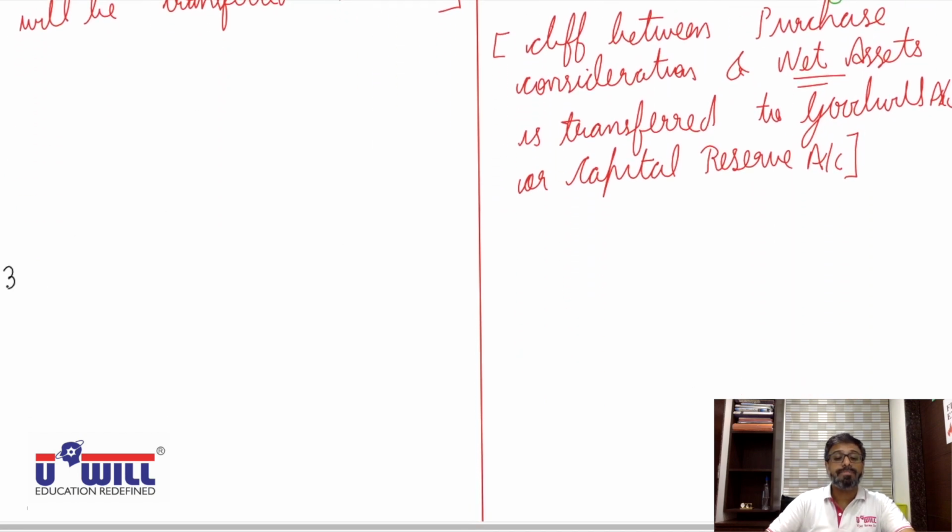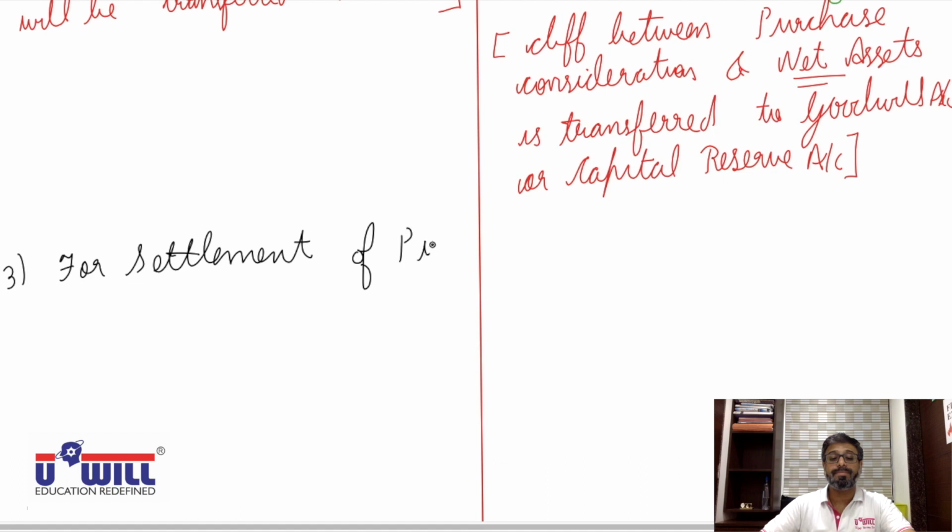Now third entry, after taking over assets and liabilities, for settlement of purchase consideration, means we'll make the payment of purchase consideration.